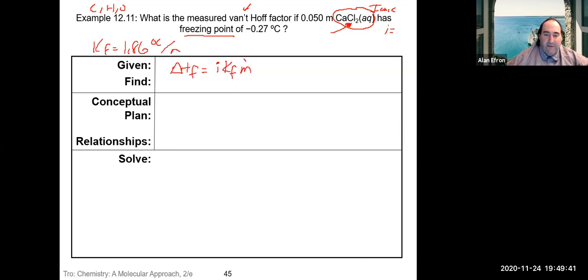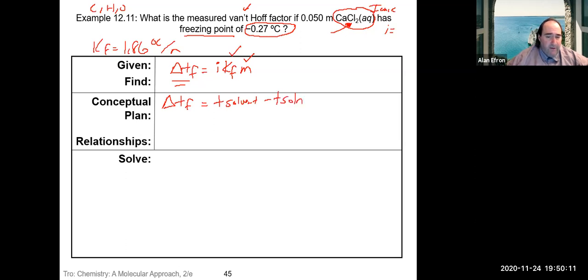They actually gave us the molality. Kf we could find in the table for water. We do need to find the change in freezing point temperature. Again, a reminder that this is not the freezing point itself, which is the temperature where the solution freezes in this case. As we did before, our change in freezing point temperature is going to be the temperature of the solvent minus the temperature of the solution.